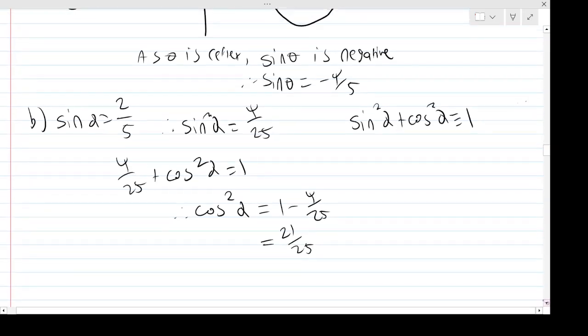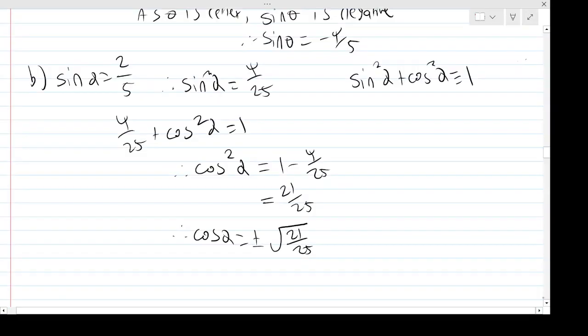Therefore, if I square root both sides, I get that cos alpha is plus or minus root 21 over 25. If I put that in a calculator, that simplifies to plus or minus root 21 over 5.